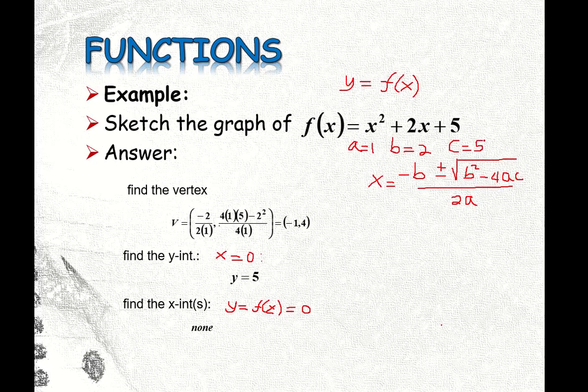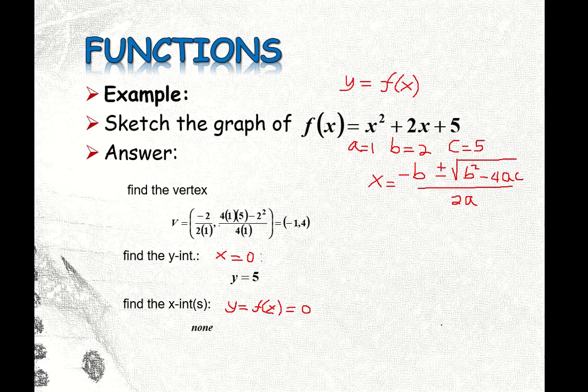Now if you substitute these values into this equation, b is 2, so 2 squared is 4, minus 4ac. What will happen is that the value under this radical would be negative. So the value of x is undefined, so we cannot define the value for x.